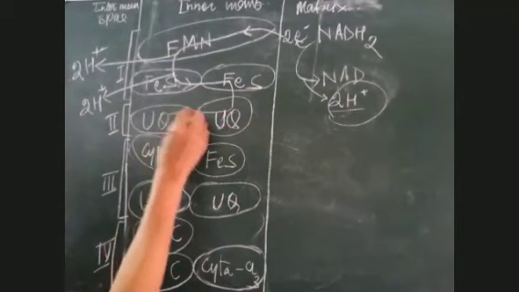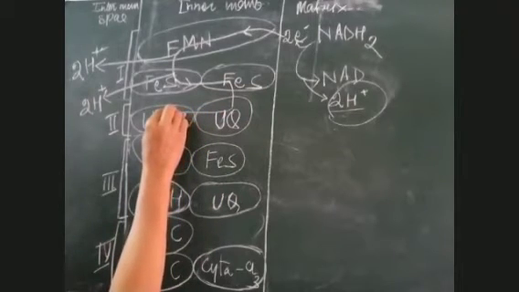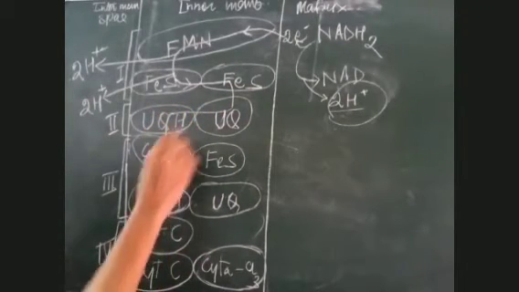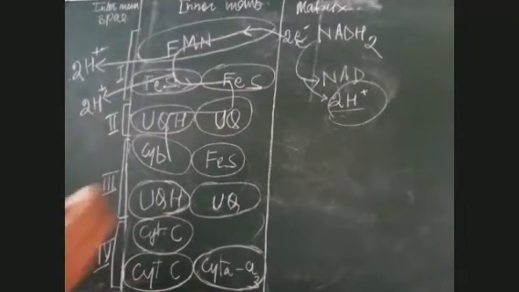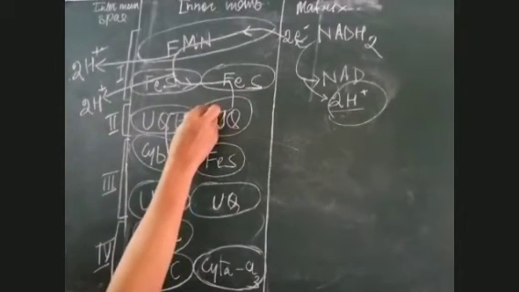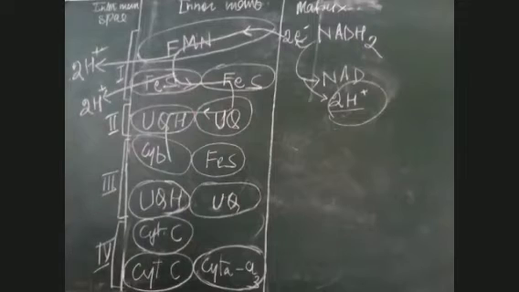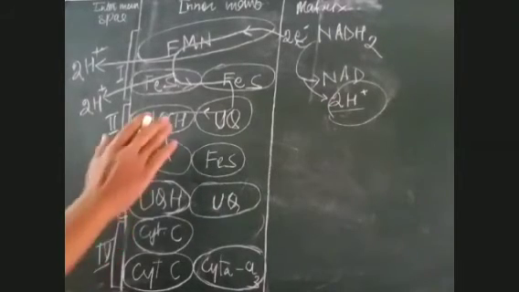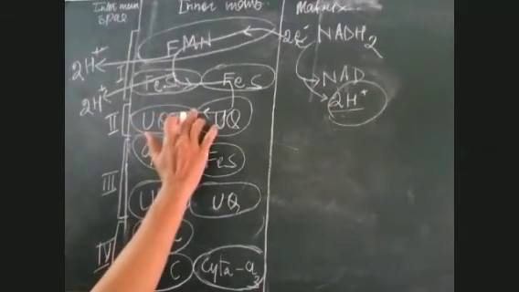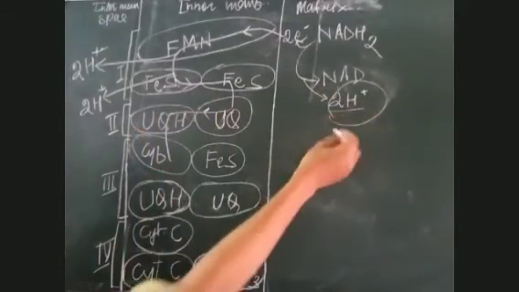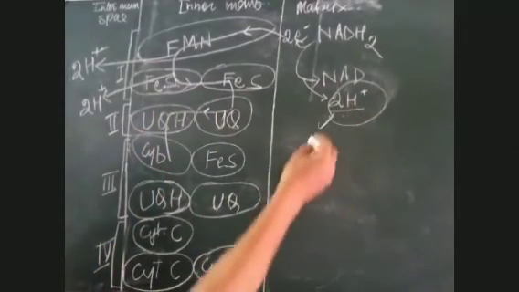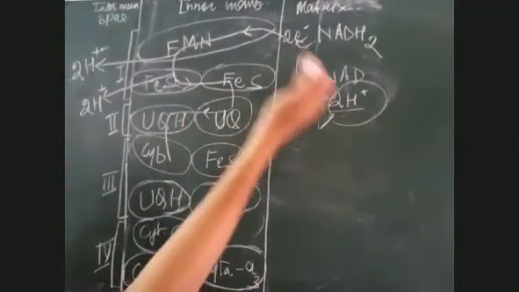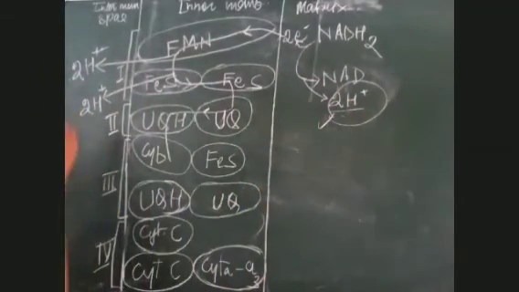When it travels to ubiquinone hydroxide, and the next complex is cytochrome B, the electron is losing energy step by step, but here again some energy is released, and that energy is utilized in pushing the proton from the matrix into the intermembrane space.